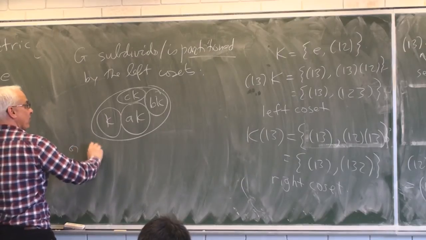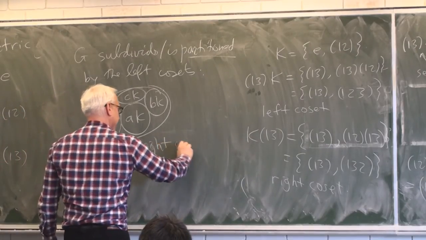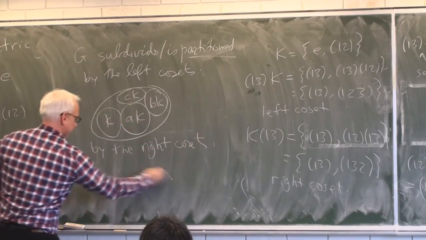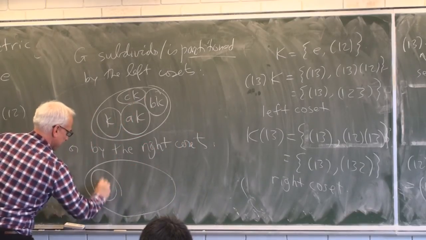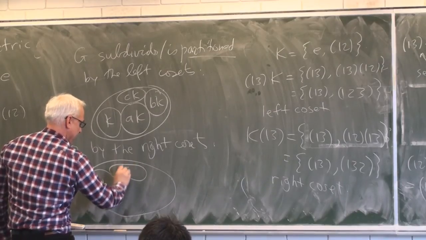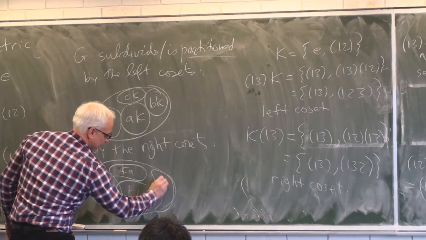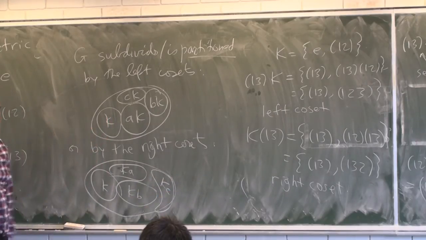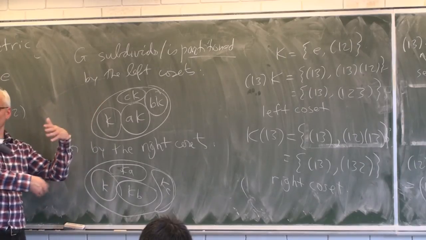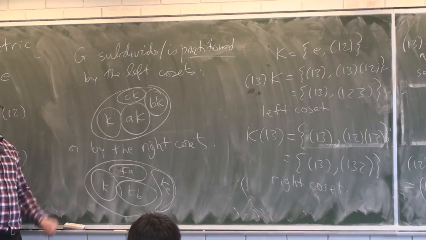Or by the right cosets, in which case the picture would be K is still looking the same, but now KA might look like this, and KB might look like this, and KC might look like this, roughly. So we have two different subdivisions or partitions of the group into cosets, into either left cosets or right cosets.